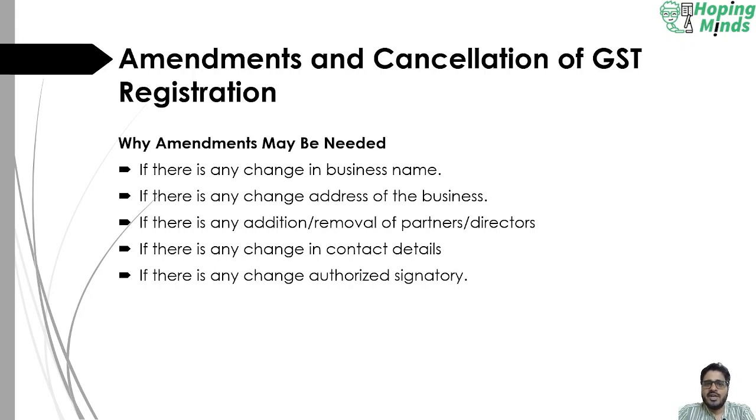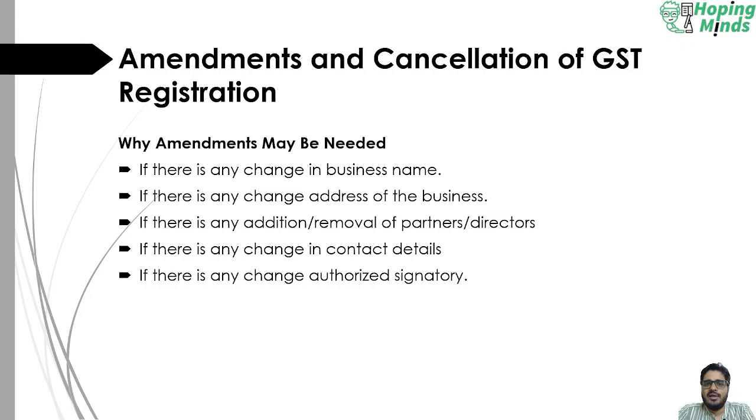Next is if there is any change in the address of the business. If the address of the business has been changed or the office has been shifted to another location, then an amendment is required to be filed. Amendment can be in the form of addition to an existing place of business or amendments in the current place of business.